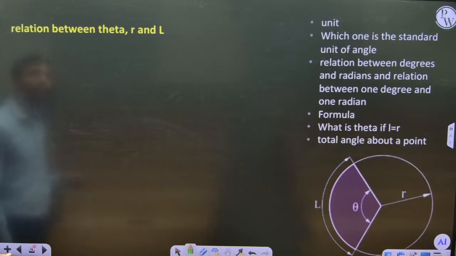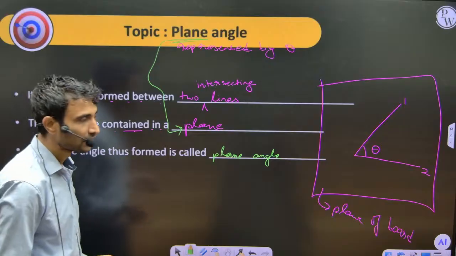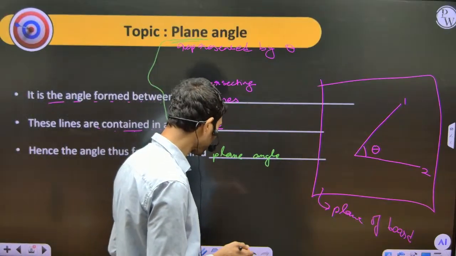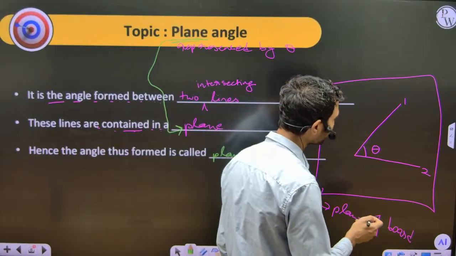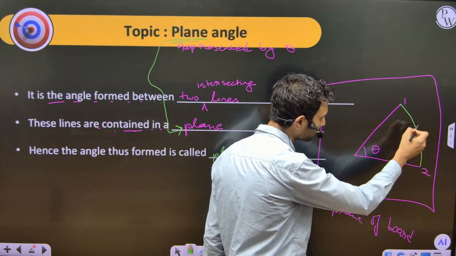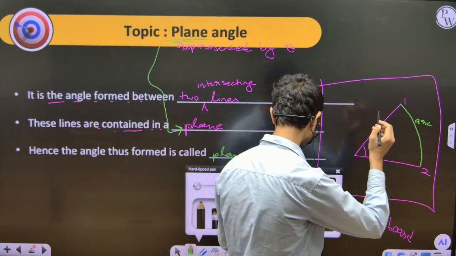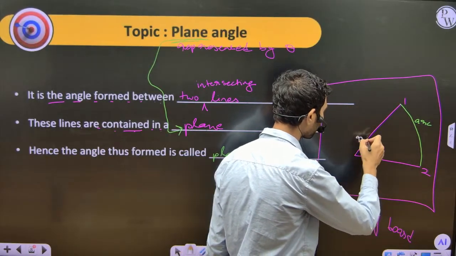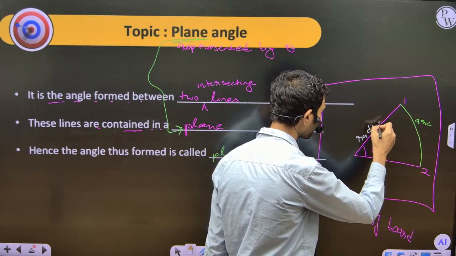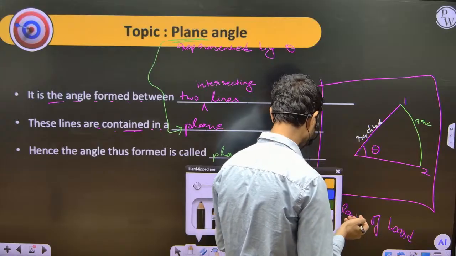Okay, now since I told you what plane angles are, let us see the formulas pertaining to plane angles. You see, if I connect these two by an arc here, and this is the radius, right? Now in the junior classes, I suppose you would know the relation between them also.